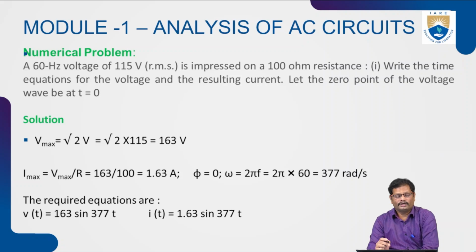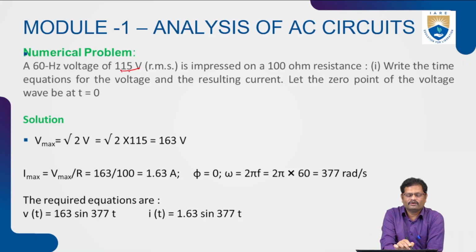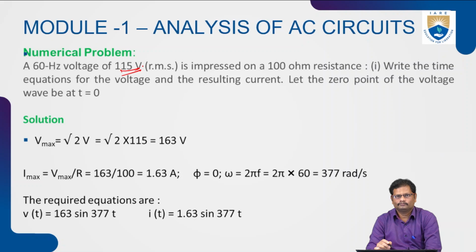And we will take one problem for this. A 60 Hz voltage of 115 volts RMS value is impressed on a 100 ohm resistance. So here for a 100 ohm resistance circuit, we are applying a single phase AC supply, that is 60 Hz, 115 volts.